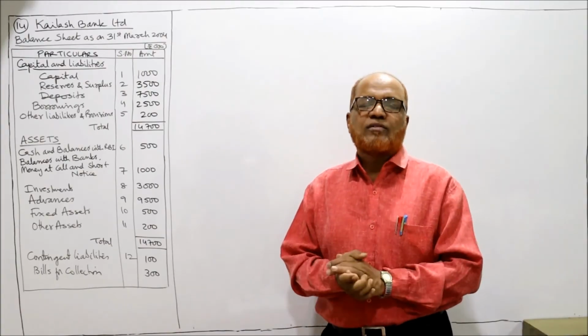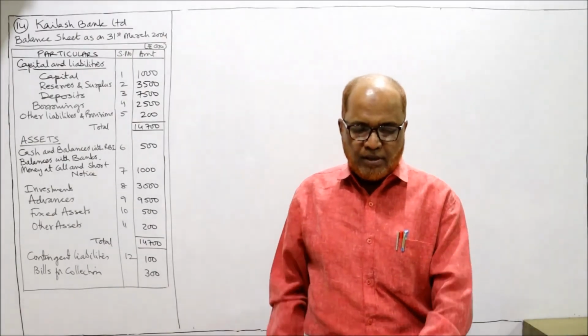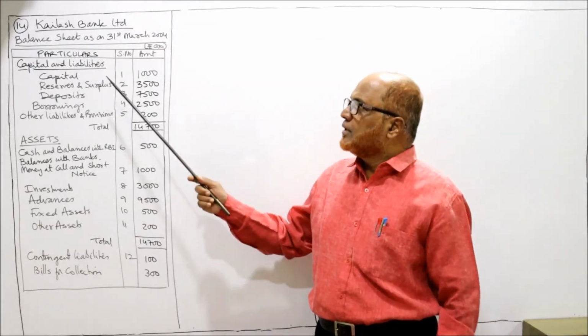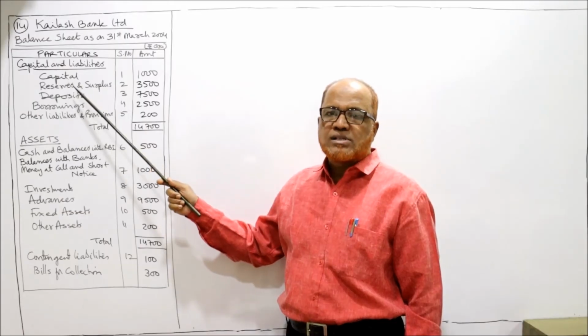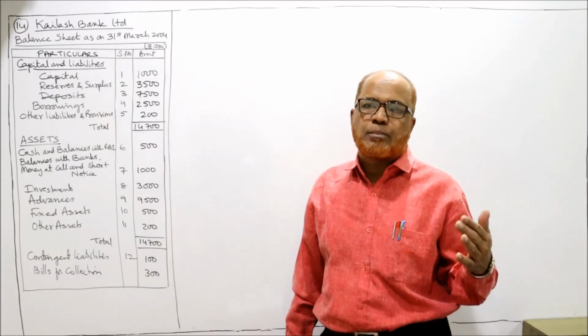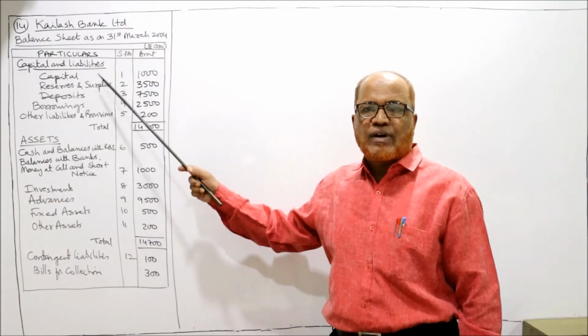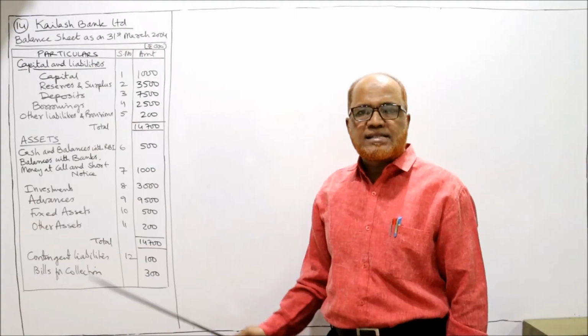So the format of the balance sheet given by the Banking Regulation Act is this one. This is the balance sheet. So particulars, capital and liabilities. Capital 1, reserves and surplus 2, deposits 3, borrowings 4, other liabilities and provisions 5. The first 5 schedules you will have in capital and liabilities. Now assets.